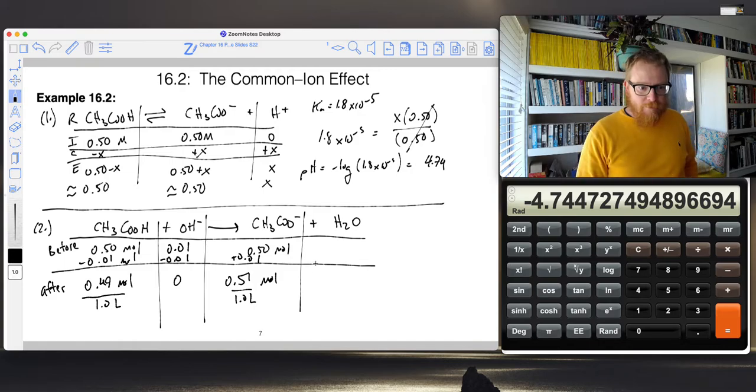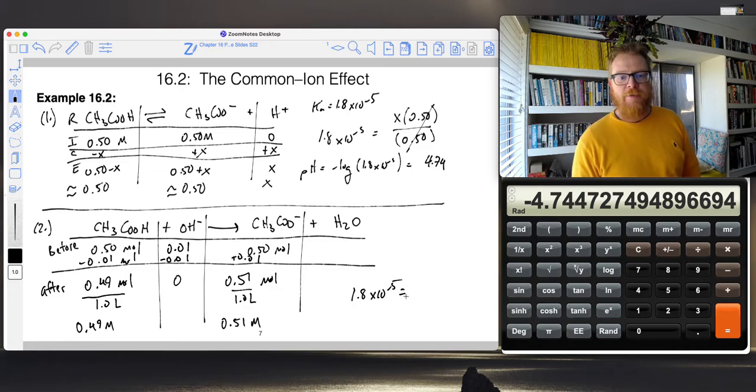Okay. So now we have our new equilibrium values, which for acetic acid is going to be 0.49 molar, and for acetate, it's going to be 0.51 molar. And instead of setting up a brand new Rice table right here, I can just go straight for how I set it up in the expression, which is going to be now 1.8 times 10 to the minus 5.